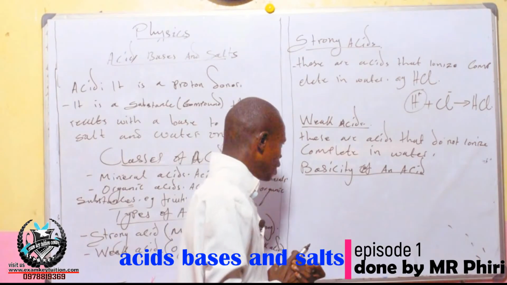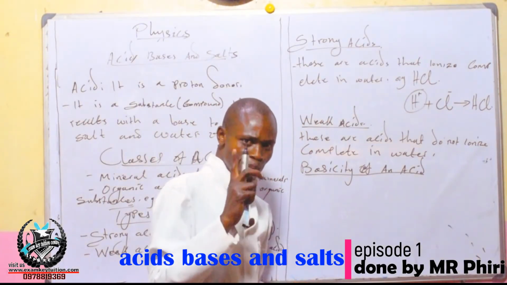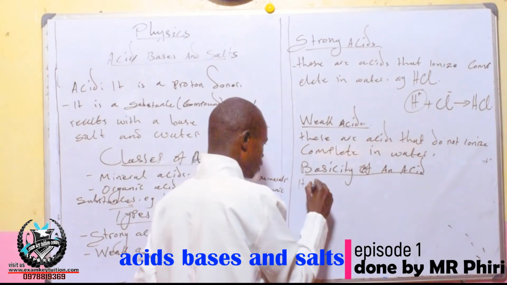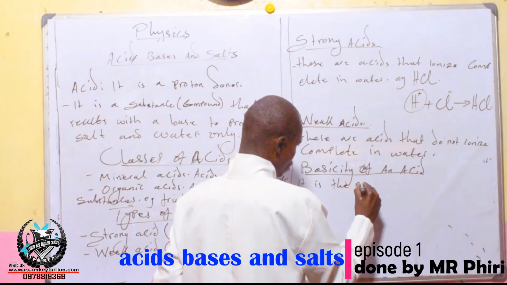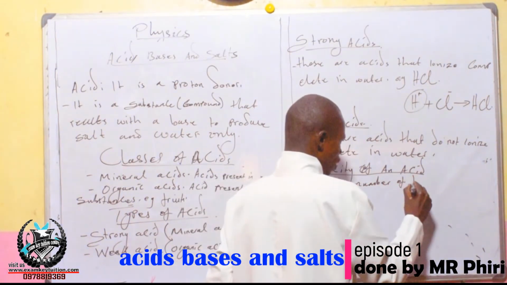I repeat, it is the number of hydrogen ions produced per molecule of an acid.